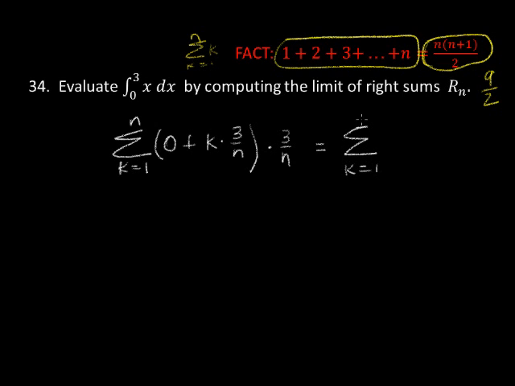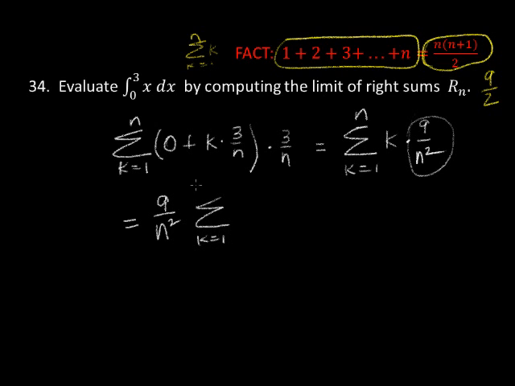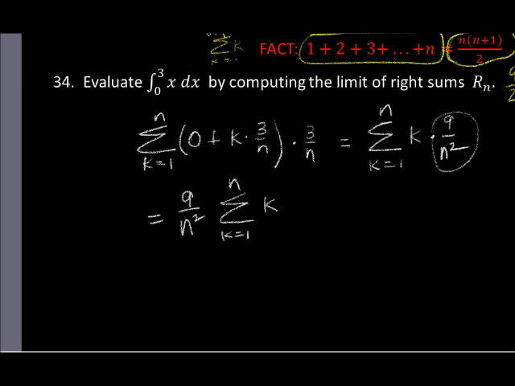Actually, look, it's the sum from k equals 1. When the function is just x, I can multiply those. It's k times 3 times 3, 9 over n squared. And this does not involve k, so I can factor it out of each term in that sum of n terms. So I'll bring the 9 over n squared to the left, and what I have here is the sum from k equals 1 to n of k.